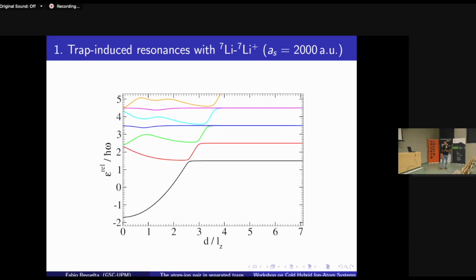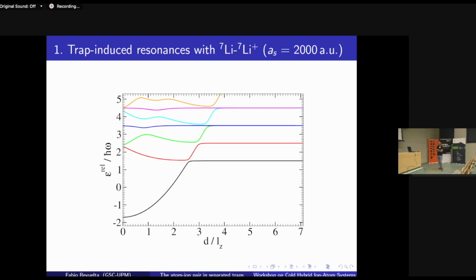And on Oliver's question, this parabolic state is just the bound state, which has an energy shifted by the parabolic term. If you write the Hamiltonian, it has a term 1/2 mu omega squared d squared, where d is this separation. So it's just an offset of the bound state, because a bound state climbs the harmonic potential. This is the weakly bound state of the atom-ion potential.